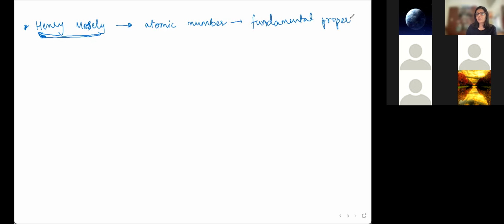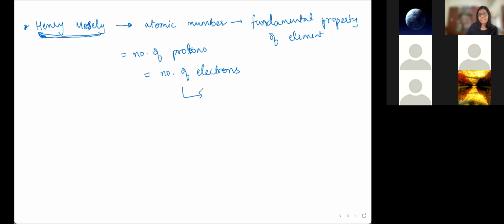Clear? What is atomic number? Number of protons. Atomic number equals number of protons, correct. And what is the number of protons also equal to? Number of electrons. Always in a neutral atom, the number of protons is equal to the number of electrons. And based on the number of electrons, what is decided of an atom?